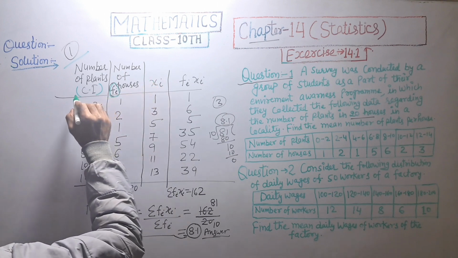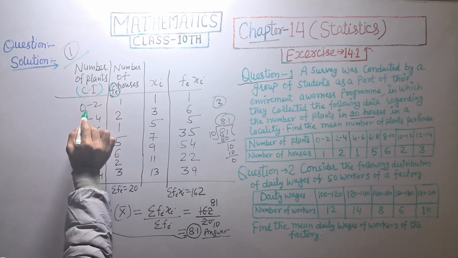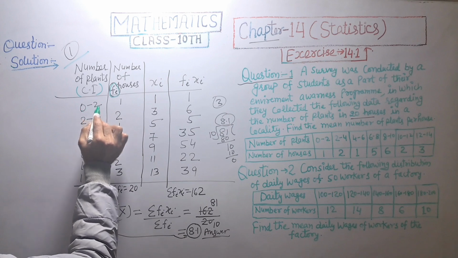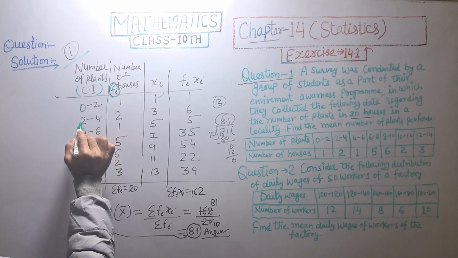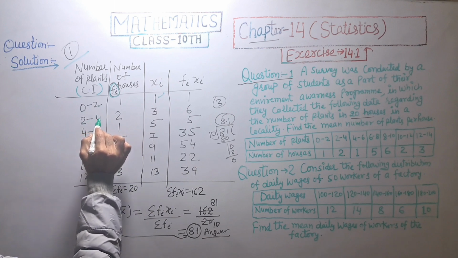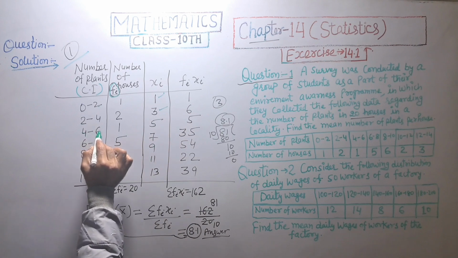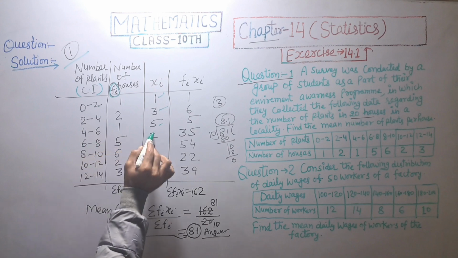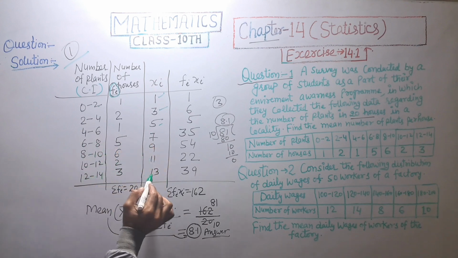So Xi, that is mid value of class interval 0 to 2: 0 plus 2 is 2, divided by 2 is equal to 1. 2 plus 4 is 6, 6 divided by 2 is 3. 4 plus 6, 10 divided by 2, 5. So 7, 9, 11 and 13.